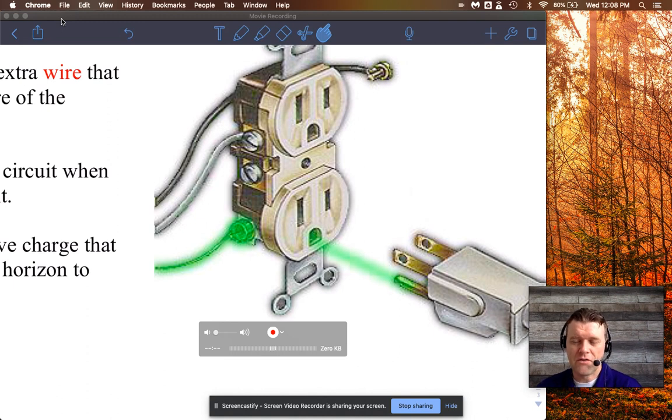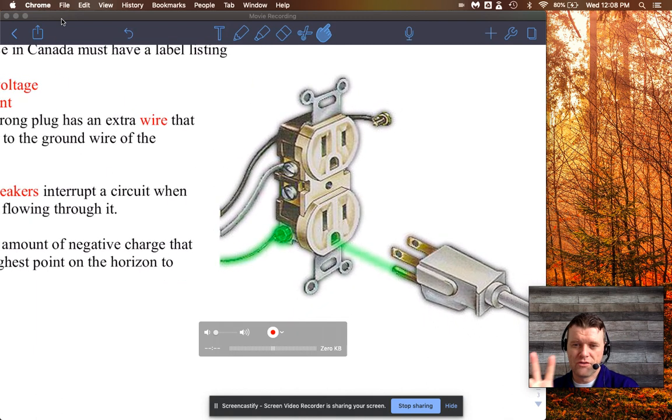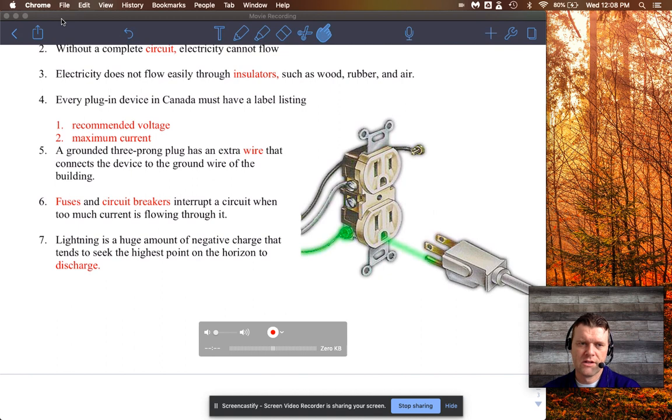It's a safety device that can safely transfer any extra electrical energy or current that's going somewhere it's not supposed to, and it connects to a separate line that goes into the ground. It is called the electrical ground wire. You'll notice some plugs only have 2 prongs. They don't have the ground wire prong, and so they don't have this added safety feature. But that's exactly what that is.